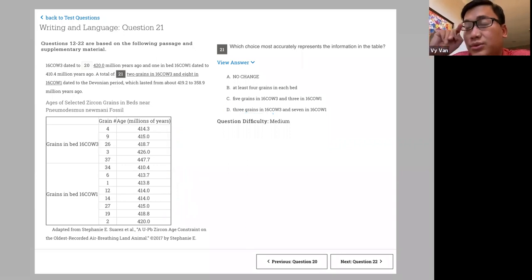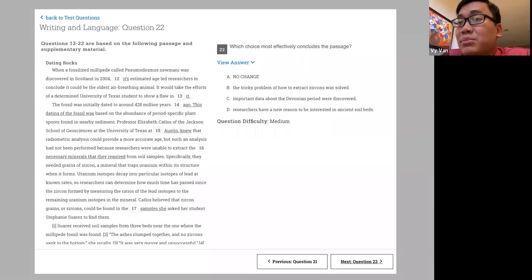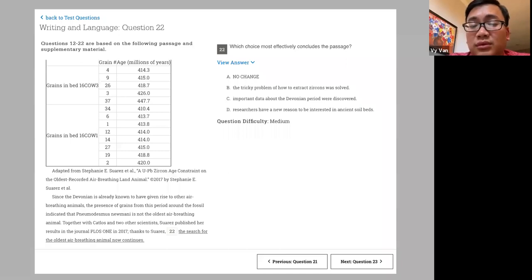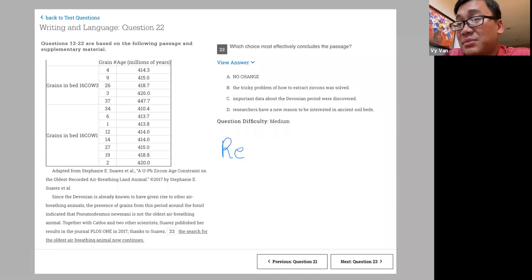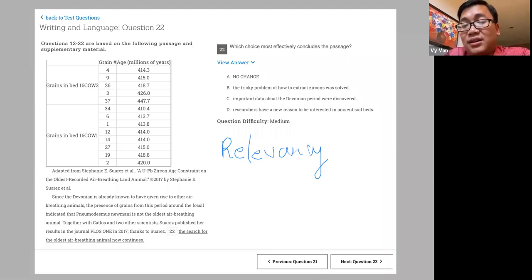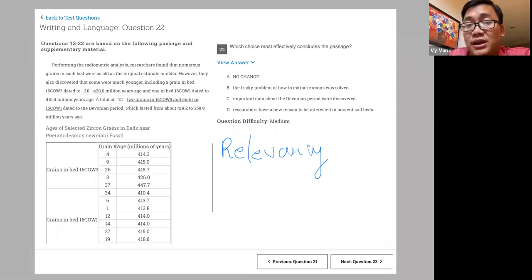Moving on, number 22. Which choice most effectively concludes the passage? So this question is about relevancy again, and it asks which one concludes the whole passage. That means we have to understand what this whole passage is talking about. I'm gonna take you back to each paragraph and see what the main idea of the entire passage is.